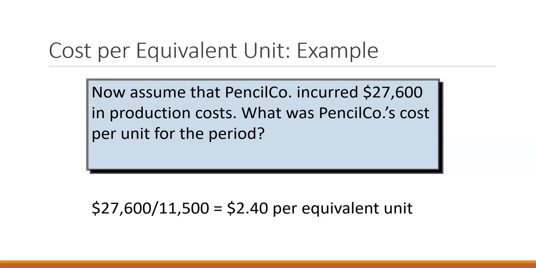So what was our cost per unit for the period? We had 11,500 equivalent units. So we take $27,600 divided by 11,500, and we end up with a cost of $2.40 per equivalent unit.